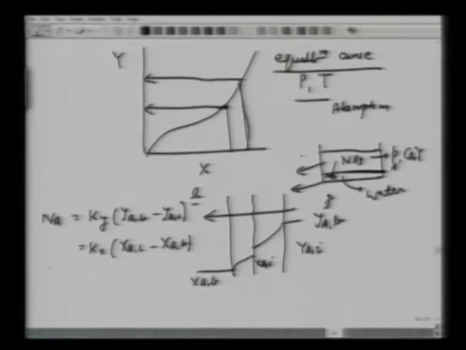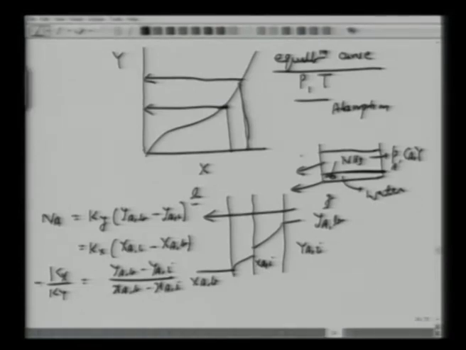Which means we can now write Kx over Ky equals (YAB minus YAI) over (XAB minus XAI), and we have minus Kx over Ky.